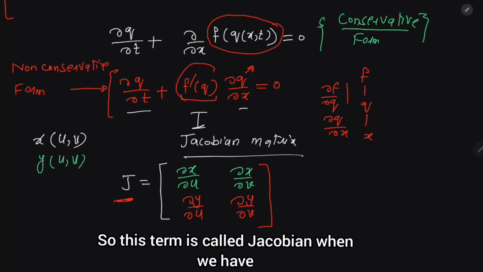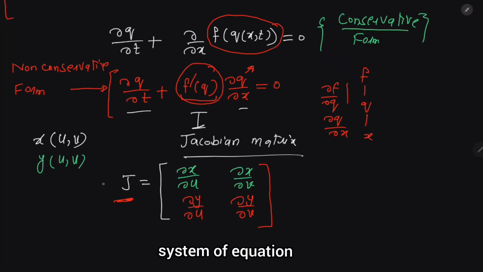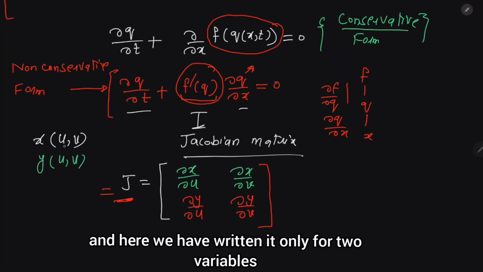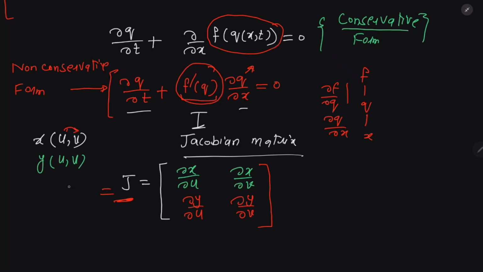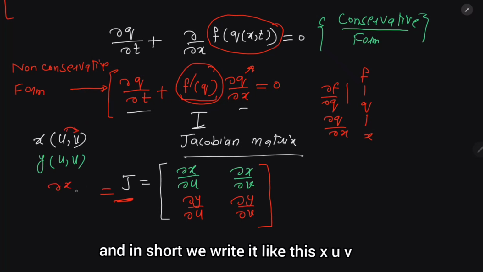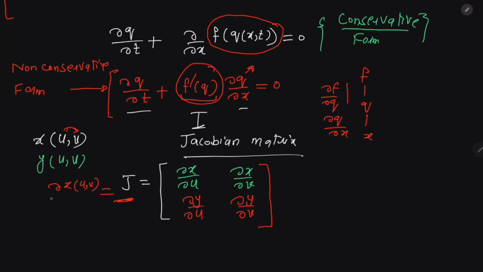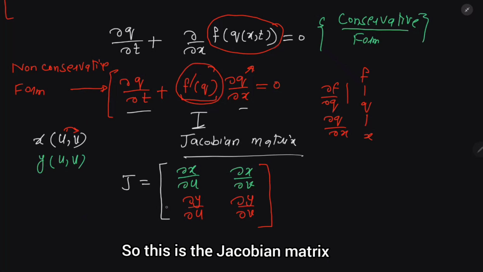This term is called the Jacobian when we have a system of equations, and here we have written it only for two variables, and in short we write it like this: partial (x, y) by partial (u, v). Okay, so this is the Jacobian matrix, and this is a non-conservative form.